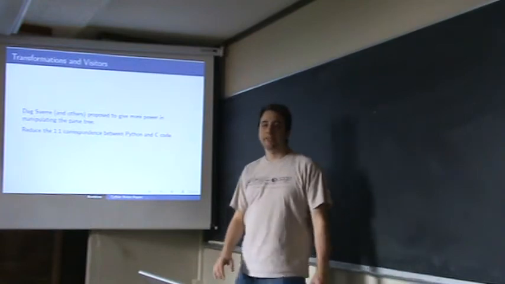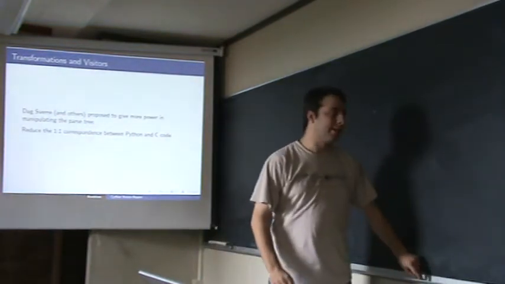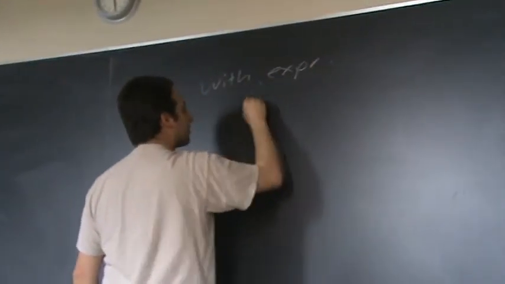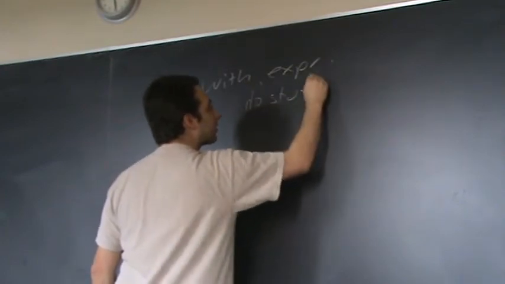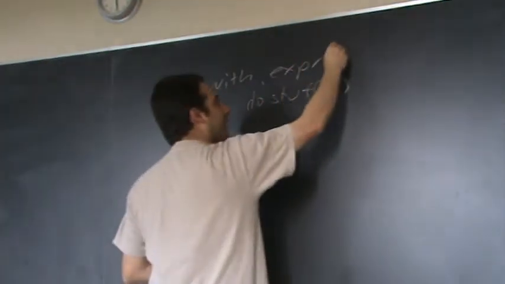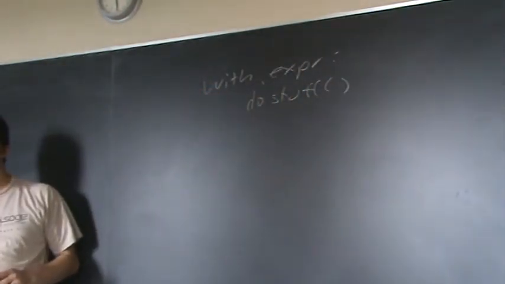So the idea of a transformation is you have, for instance, the with statement. This is a new construction in Python, I believe it was 2.5 and enabled by default in 2.6.